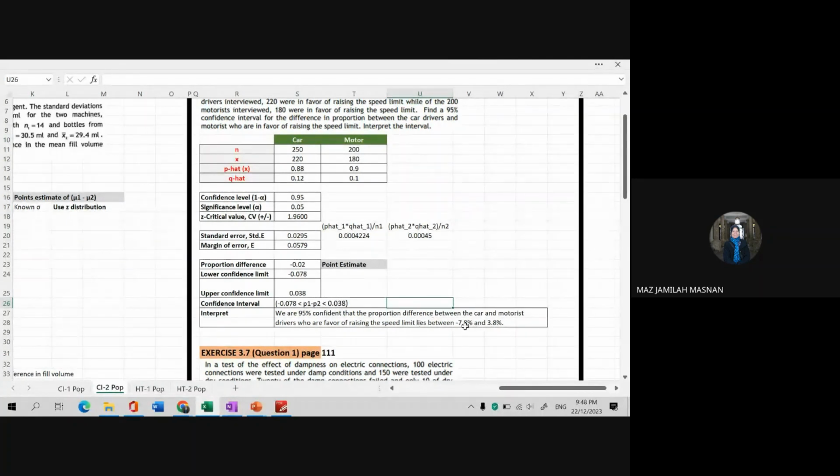Or if you don't want to use percentages, it is between negative 0.078 and 0.038. So you can do it this way also.